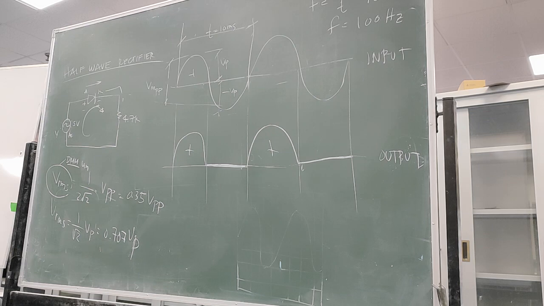Okay? So when you measure the peak to peak, try to calculate it. That number should be closer to the number that you measured here. If it's very far, meaning you have a mistake in your connection or in your measurements.